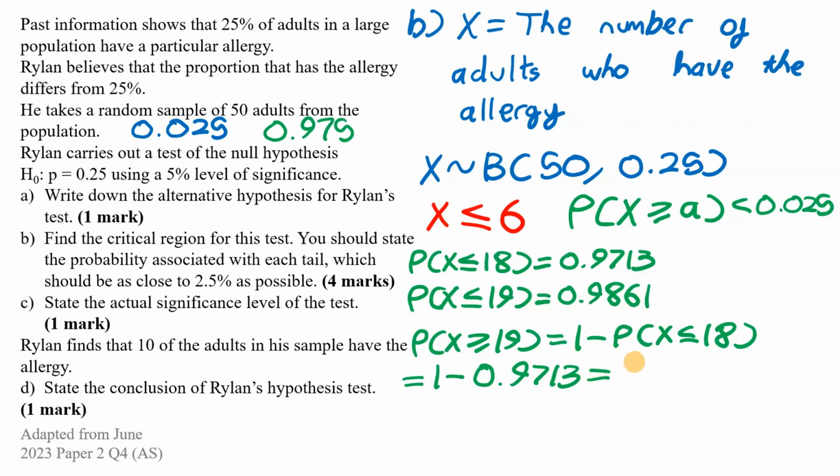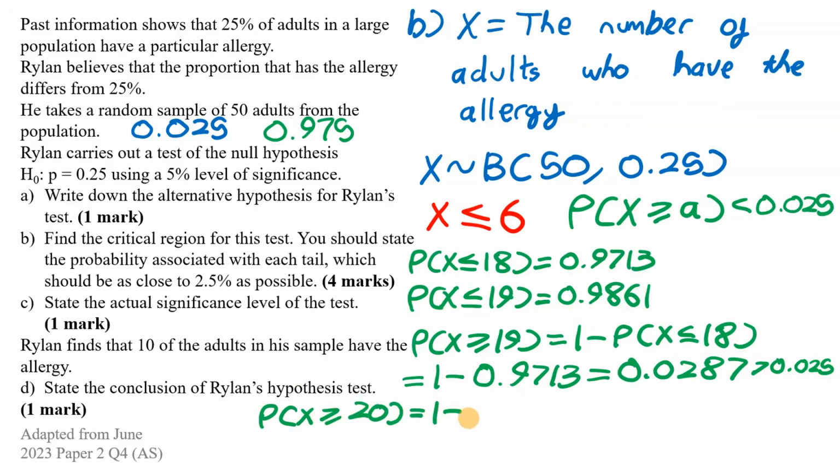If you put this into your calculator, this is 0.0287. So we have this probability here. Now this is bigger than 0.025.